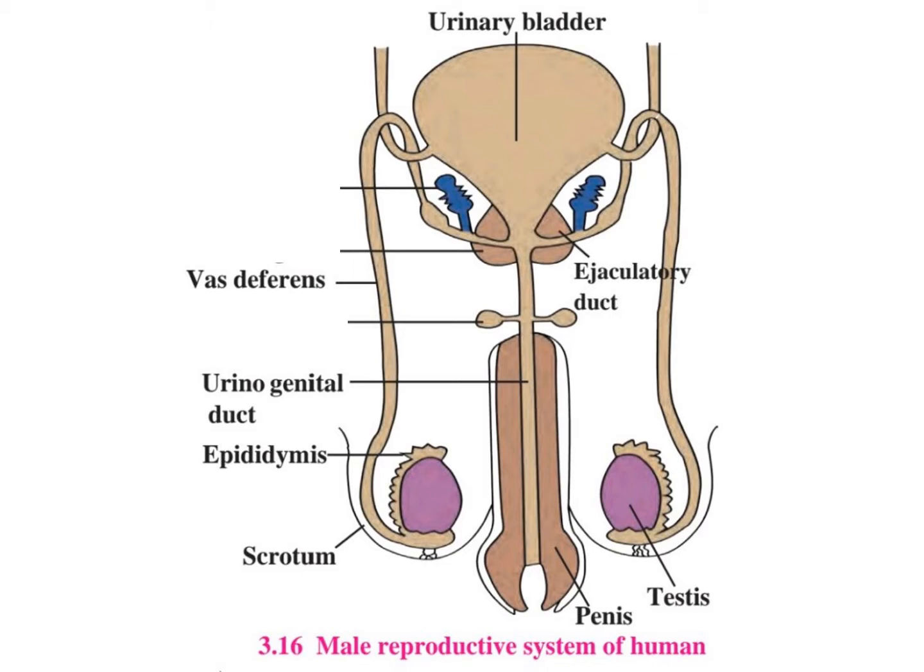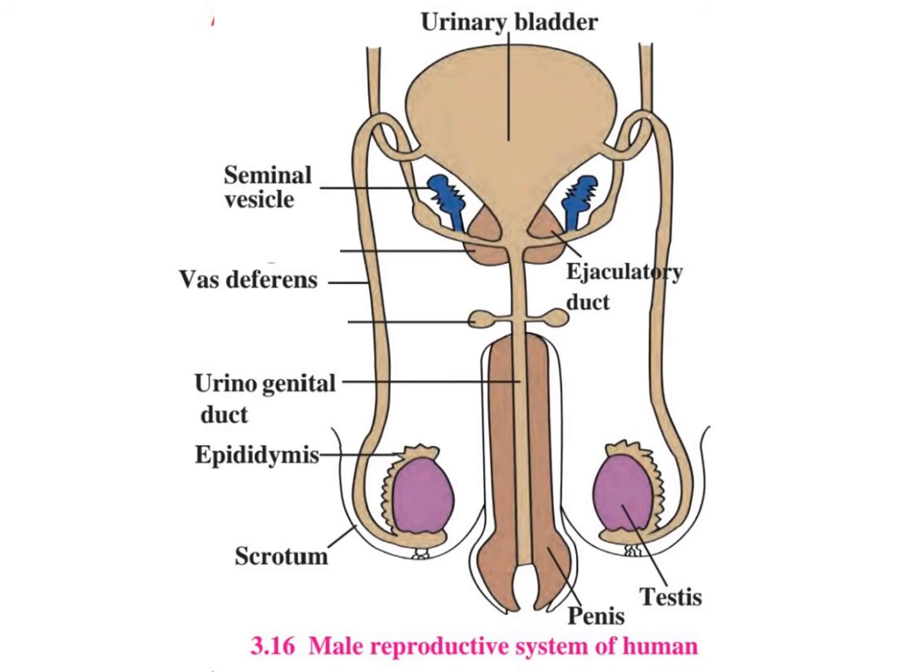The male reproductive system also has a lot of glands. The seminal vesicle secretes its secretion in the ejaculatory duct. The prostate gland and Cowper's gland secrete their secretion into the urinogenital duct.